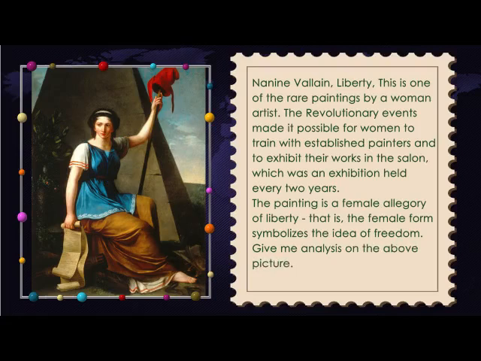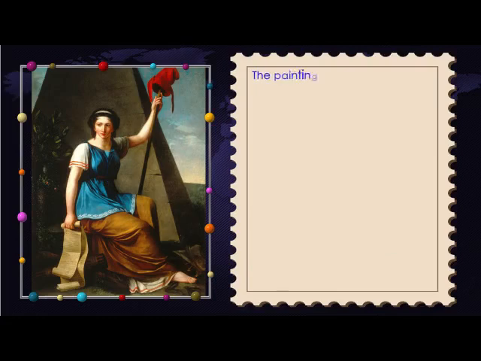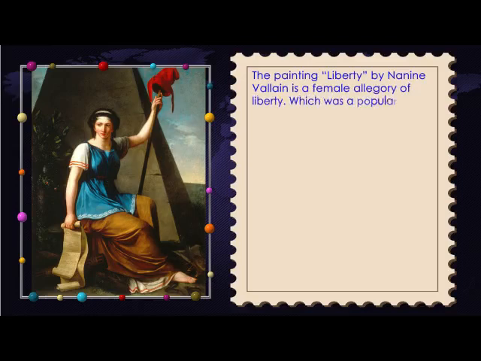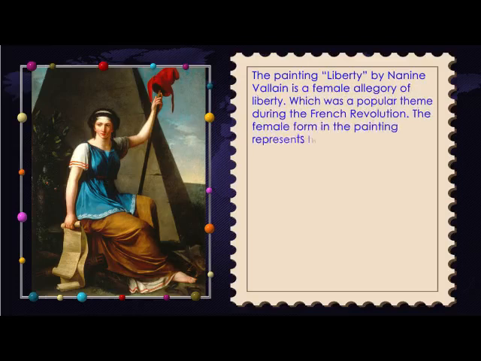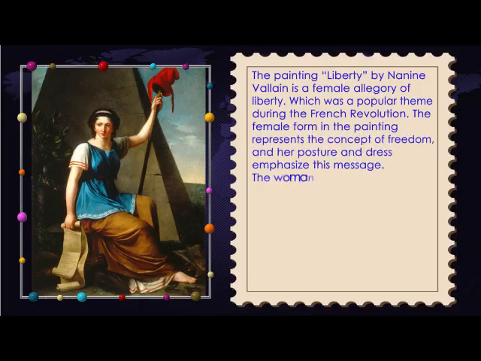Give me analysis on the above picture. The painting Liberty by Lenin Villain is a female allegory of liberty, which was a popular theme during the French Revolution. The female form in the painting represents the concept of freedom, and her posture and dress emphasize this message.